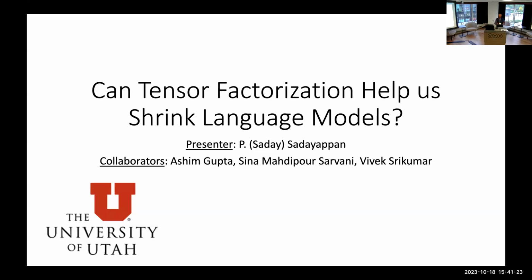We were trying to think in terms of how we can create a project that combines some aspects of optimization and machine learning. This work is that of his PhD student Ashim Gupta, a very prolific publisher in NLP, for whom this is something on the side, and then my PhD student Sina.